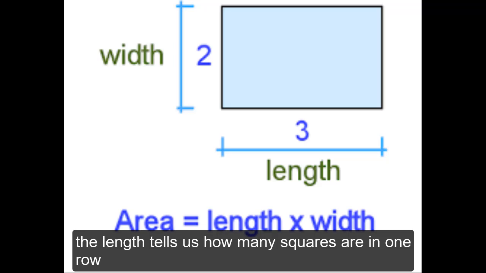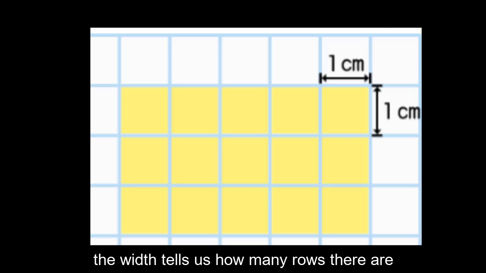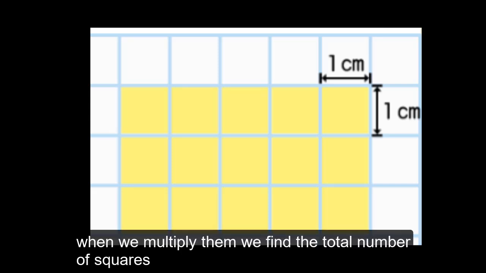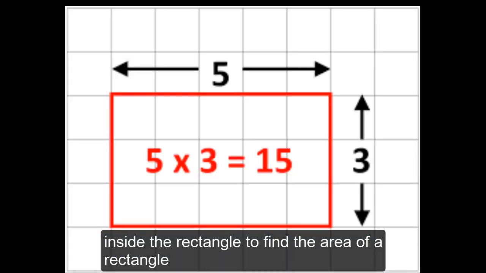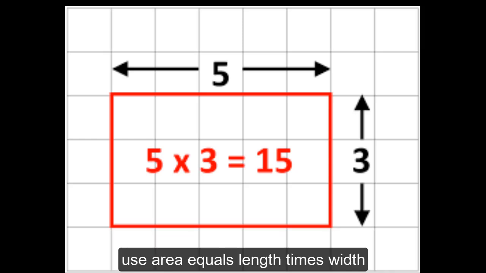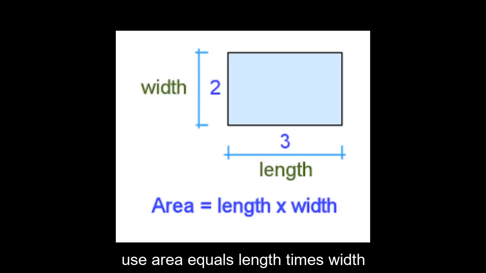The length tells us how many squares are in one row. The width tells us how many rows there are. When we multiply them, we find the total number of squares inside the rectangle. To find the area of a rectangle, use area equals length times width.